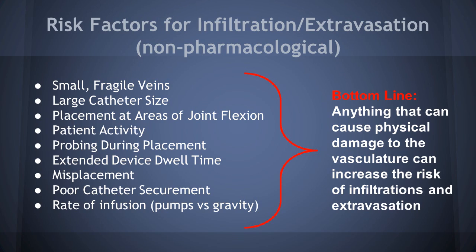This is especially important when looking at pumps versus gravity. The bottom line is anything that can cause physical damage to the vasculature can increase the risk of infiltrations and extravasations.